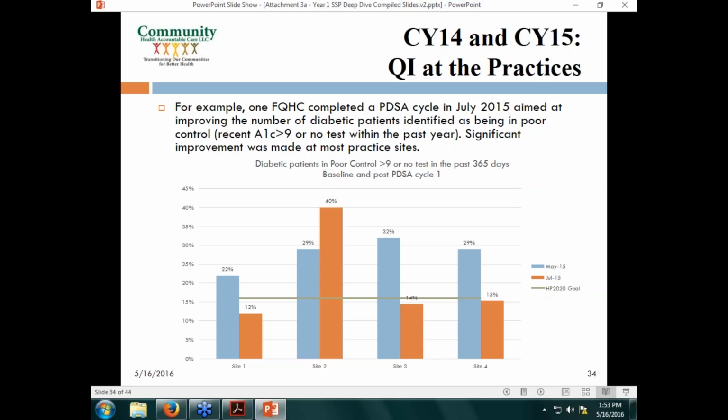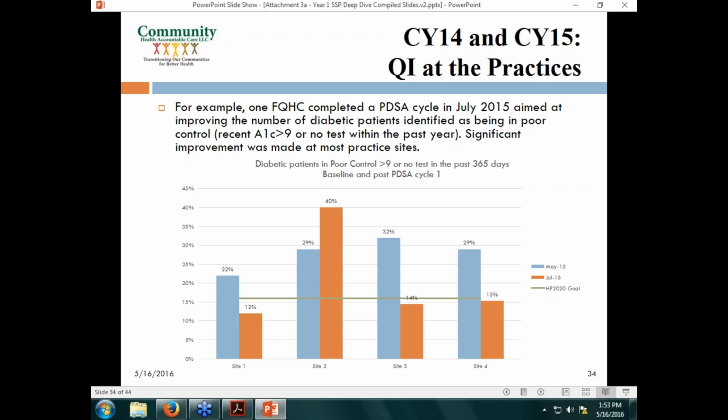At one of the sites that did not show improvement, Site 2, we learned that the screenings were happening, but how the lab tech was entering it into the system invalidated the results. So they had to do a lot of re-entering. But it was an important thing to learn, and so that has been corrected. We did other PDSA cycles at other sites around depression screening, around cervical cancer screening, and I think we did some adolescent well-child visit ones as well, but this is the one I wanted to show.